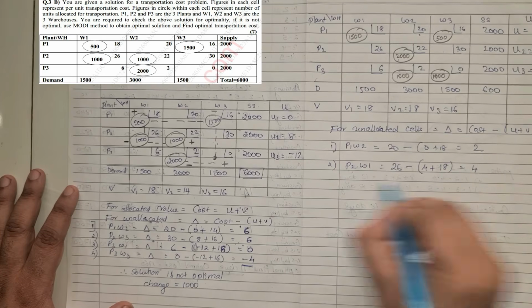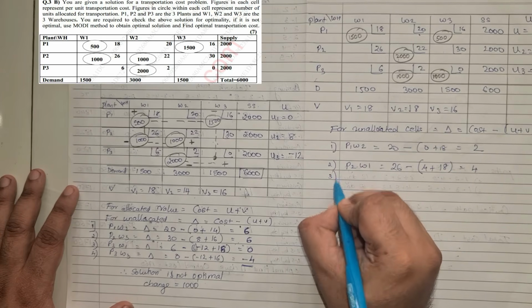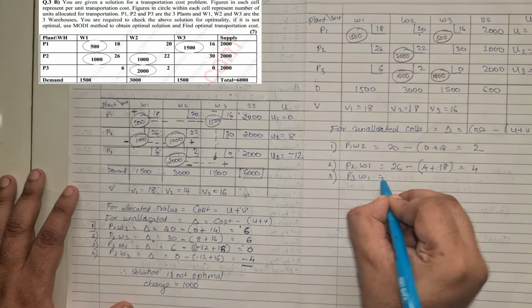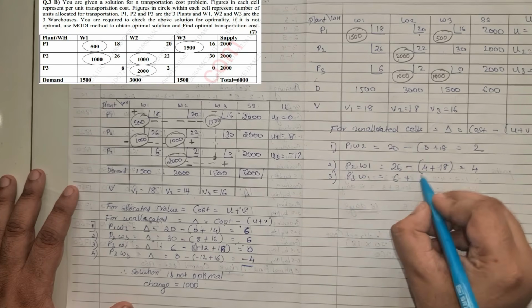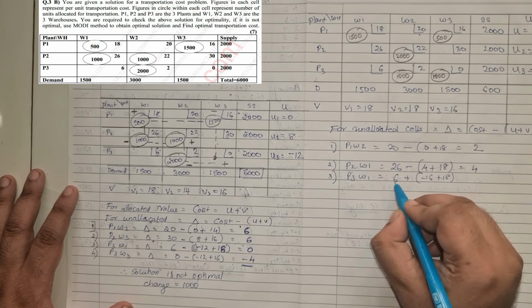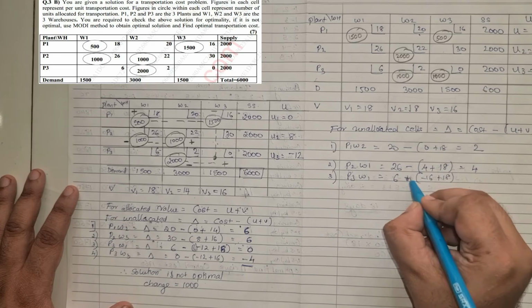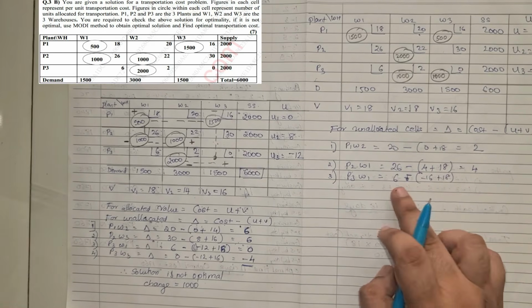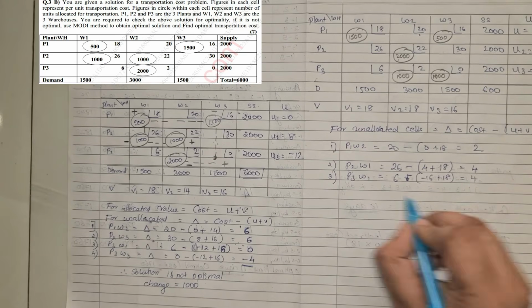So 26 minus 22 is 4. Third, we have P3W1. Cost is 6, minus 16 plus 18, so minus 16 plus 18 is plus 2. So 6 minus 2 is 4.